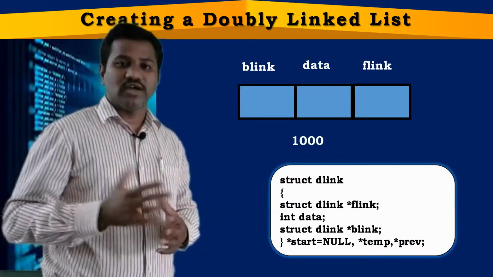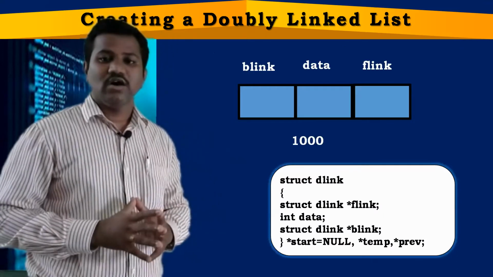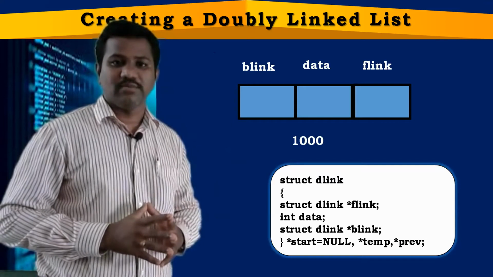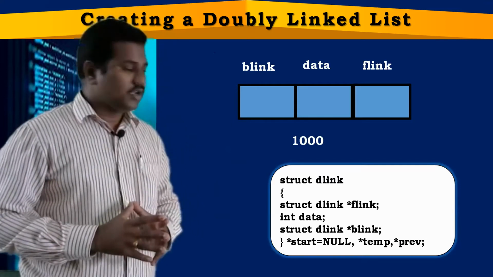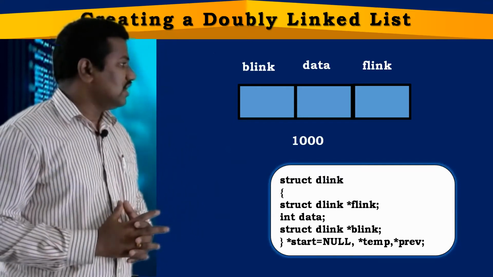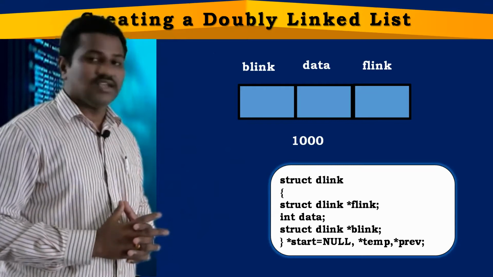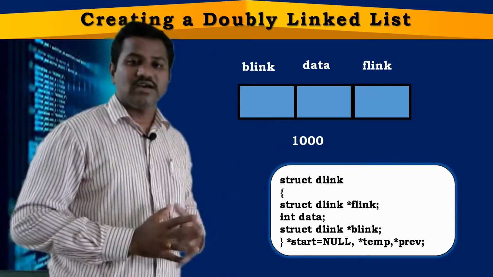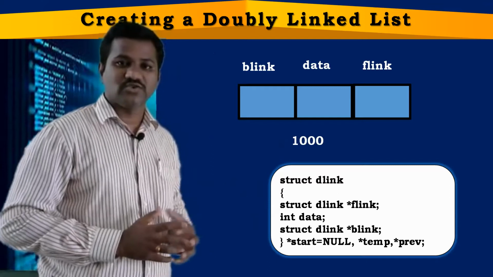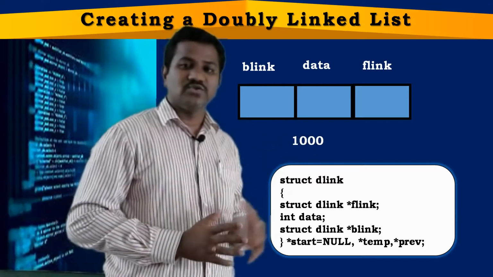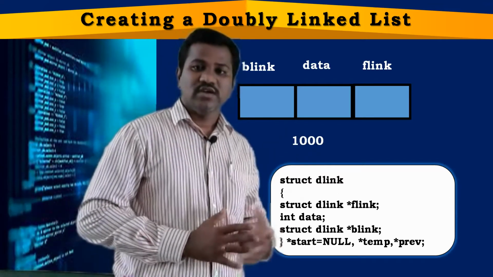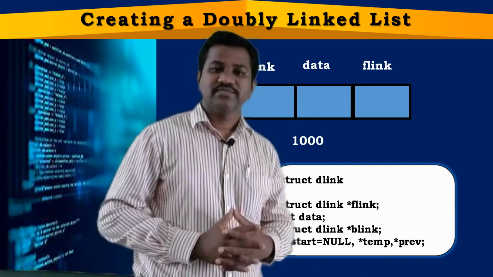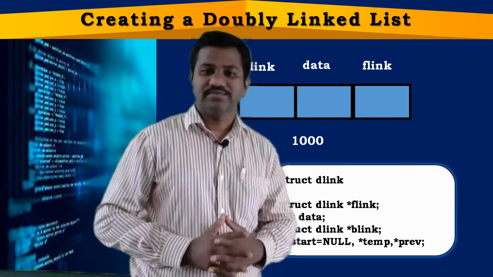Before going to that, let's see how a node is going to be represented in a double linked list. Here, every node consists of 3 fields: B-link, which stores the address of the previous node; data, which stores the value; and F-link, which stores the address of the next node.